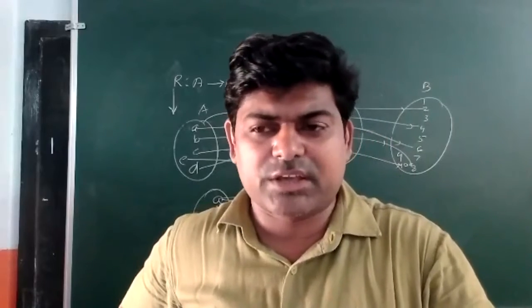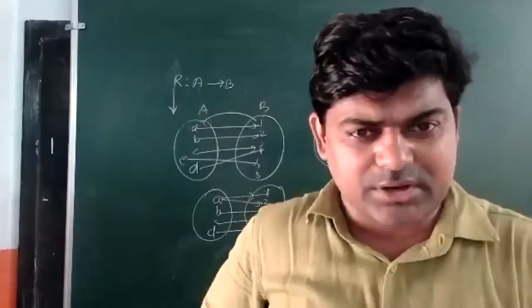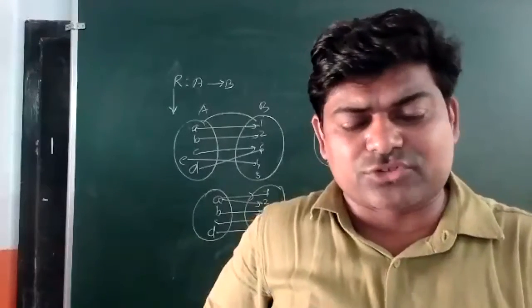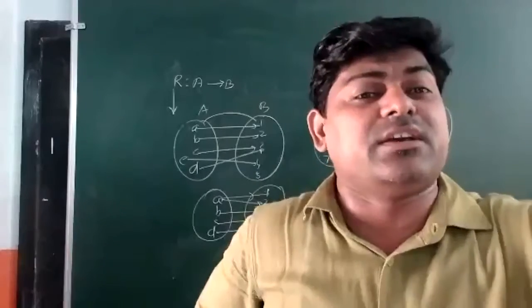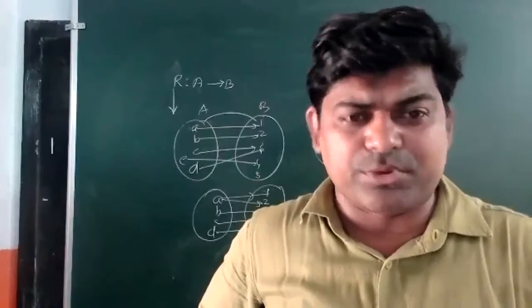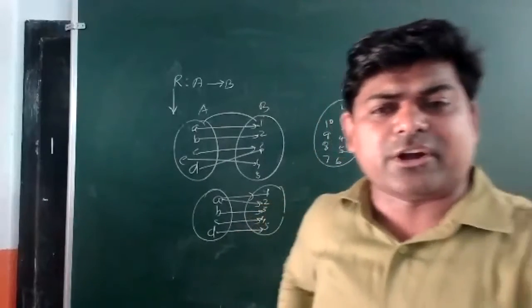In other words, domain should be a subset of A. Am I correct? A subset of A. But in a function, domain should be exactly A. Domain will be A, because each and every element of A is going to be related with an element of B.